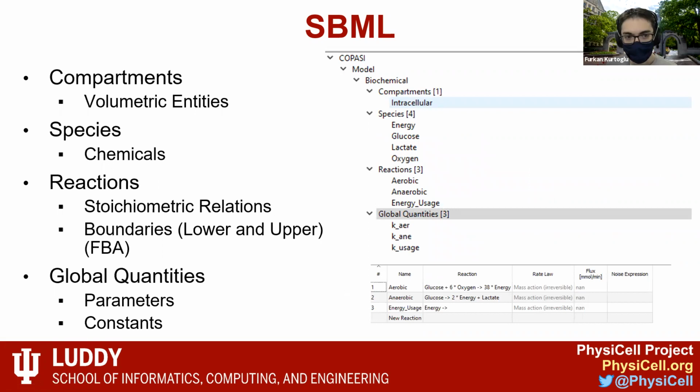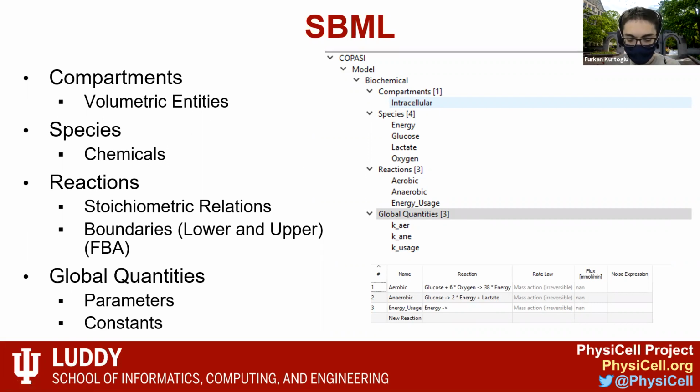So in SBML, actually there are four important parts. There are more, but these four are very, very crucial. The first one is the compartment. SBML looks at the compartment as a volumetric entity.